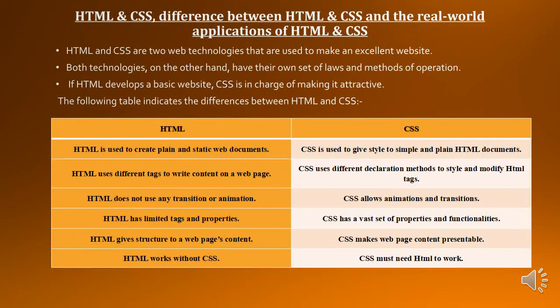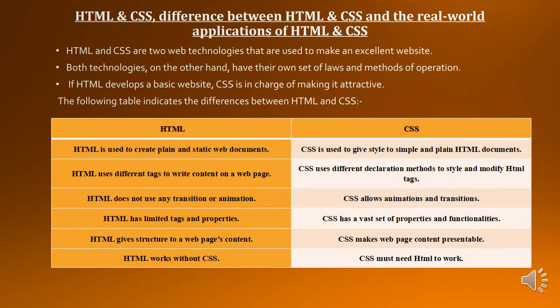HTML uses different tags to write content on a web page, and CSS uses different declaration methods to style and modify HTML text. Next point is that HTML does not use any transition or animation, while CSS allows animations and transitions.